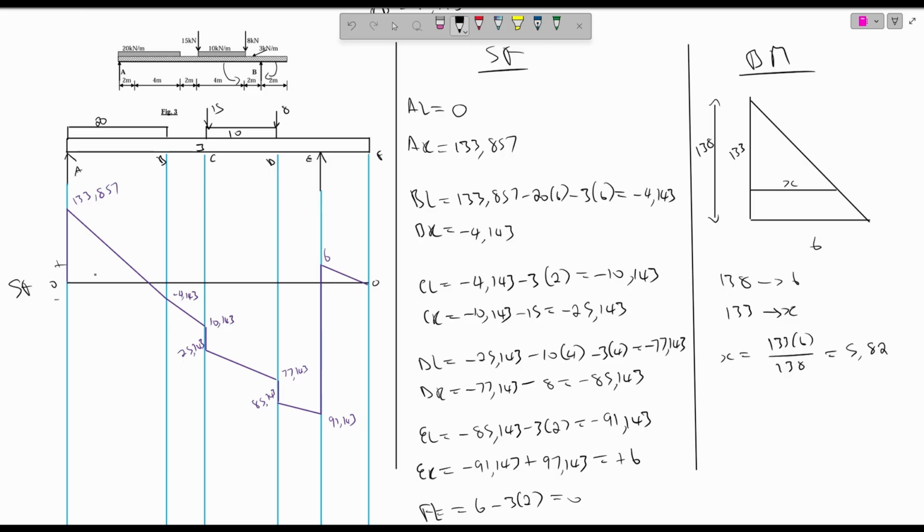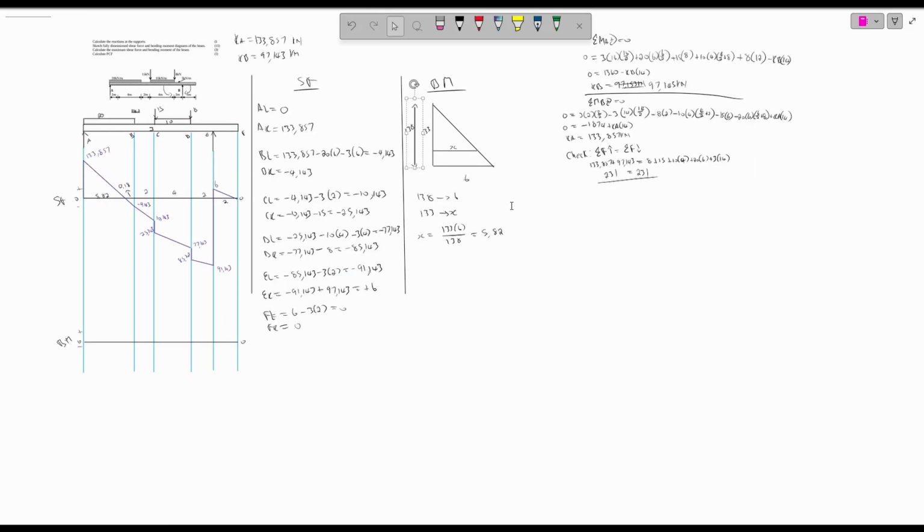So I decide it's 5.82. 6 minus 5.82. 0.18 here. 0.18. We'll have 2. We have 4. We have 2 and 2. Let's shift.